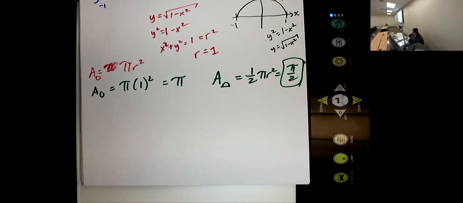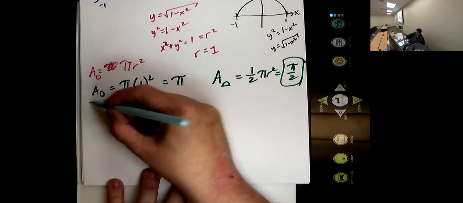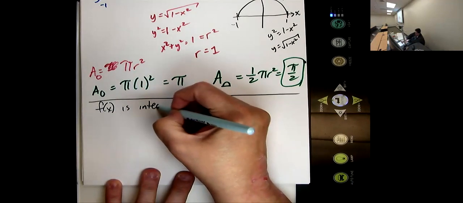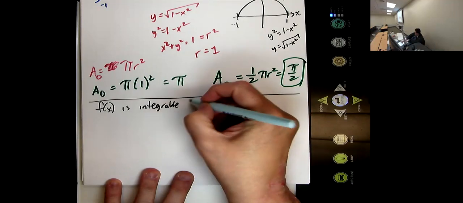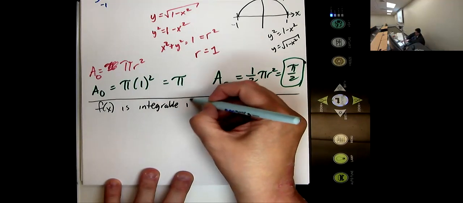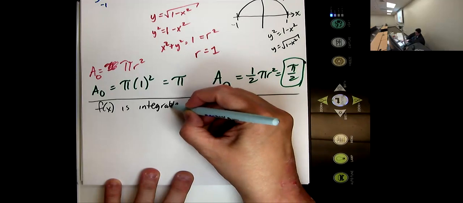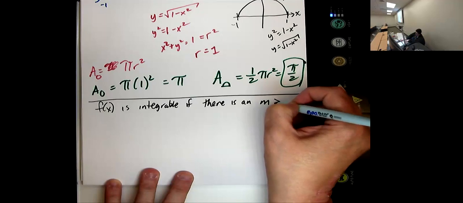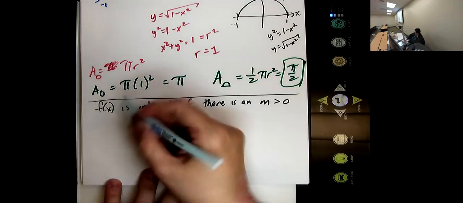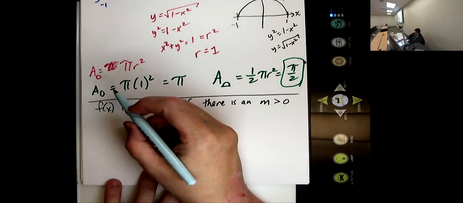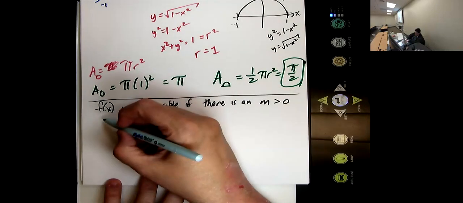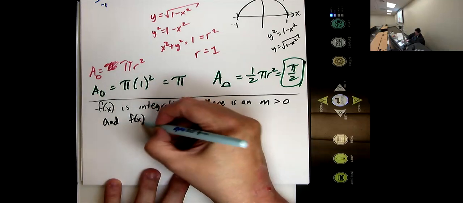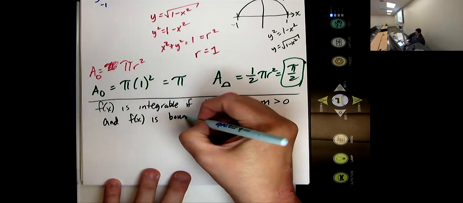A function is integrable if there is an m greater than 0, and we're also going to require f of x is bounded on AB.